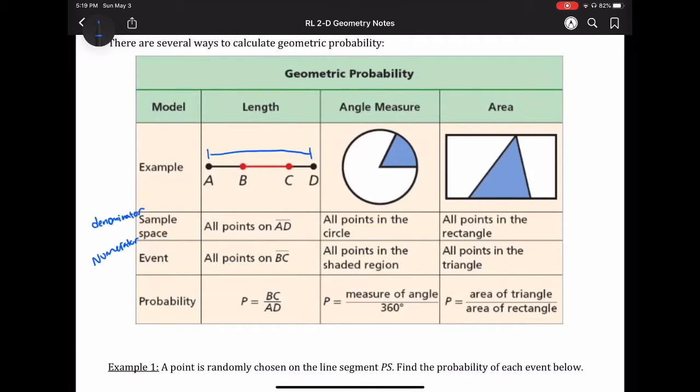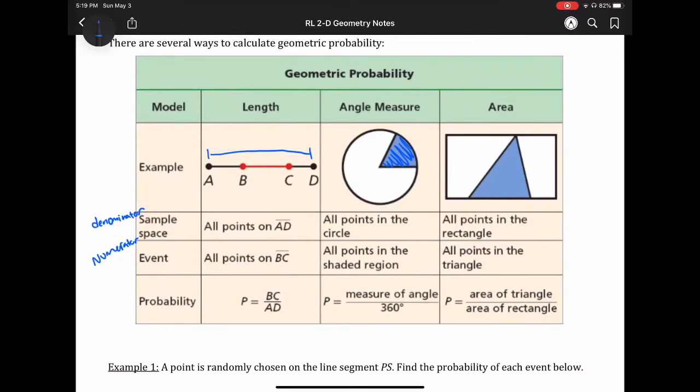So if we're looking at angle measure, the total sample space is the entire circle all the way around, but the event is just the shaded region. So you have your event, measure of the shaded region, over the sample space, which is 360 degrees because it covers the whole circle.